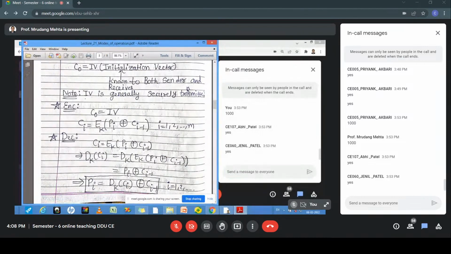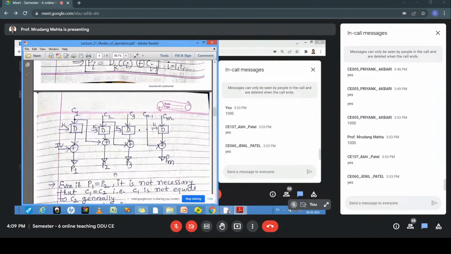So on the right hand side, we have Pi XOR Ci minus 1, and on the left hand side, we have D of Ci with K. If we XOR Ci minus 1 on both sides, this will be cancelled out and we will obtain Pi. So Pi is equal to D of Ci with key K XOR Ci minus 1. Understood? So the encryption is resulting in decryption also.